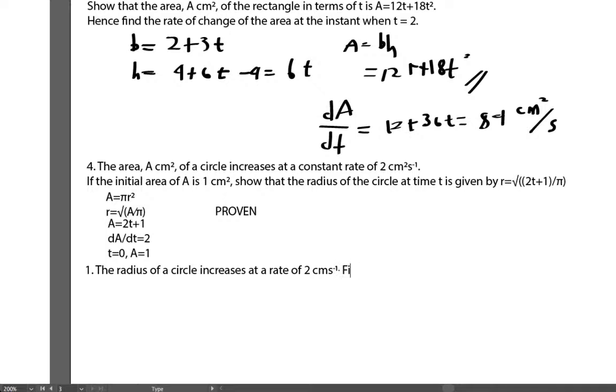Find the rate of increase of its area when the radius is 4 centimeters. Okay, so this is a two-part question. So we are asked to find what is the rate of.